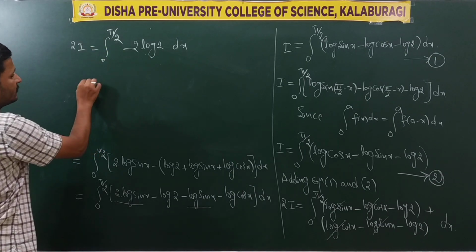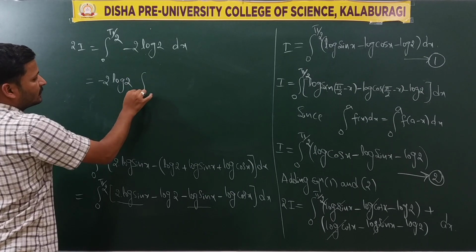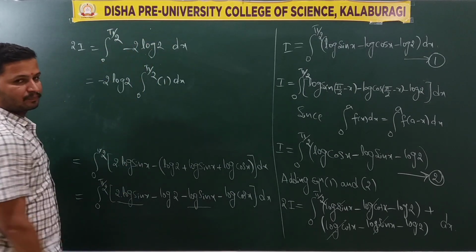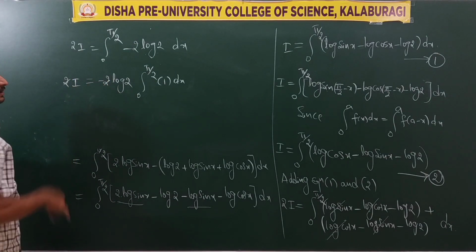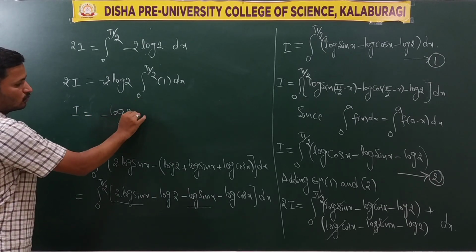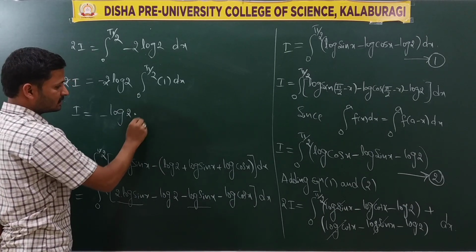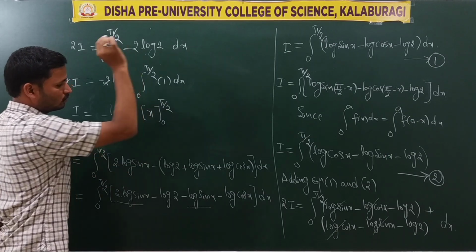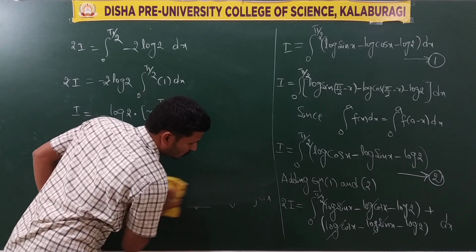So take it outside the integral, that is minus 2 times log 2, with the remaining integral from 0 to pi by 2 of 1 into dx. Here 2 gets cancelled, so I is equals to minus log 2 into integration of 1 with respect to x, that is x from 0 to pi by 2. Now using the fundamental theorem of calculus, substitute the lower limit and upper limit.